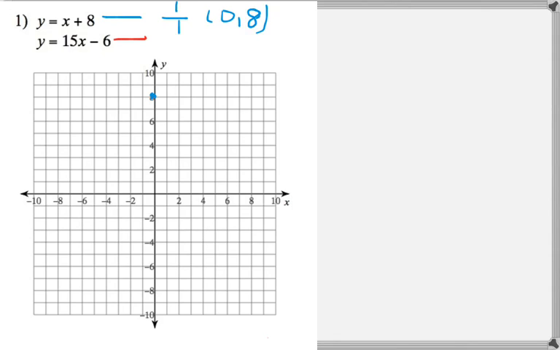And we're going to use our slope. Up 1 over 1 would be right here. We've run out of graph going in that direction. We can also make both of them negative. So from my y-intercept, we could go down 1 and in the negative direction 1, and keep doing that until we fill in all the known points on this line.